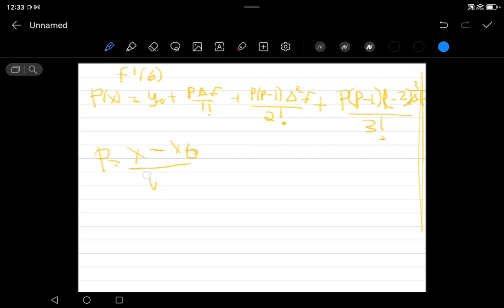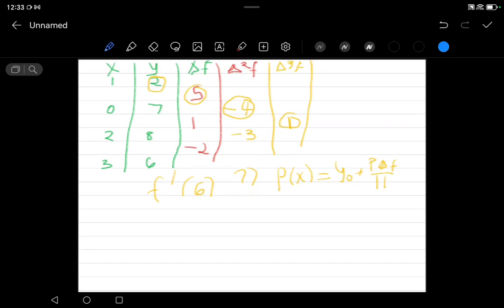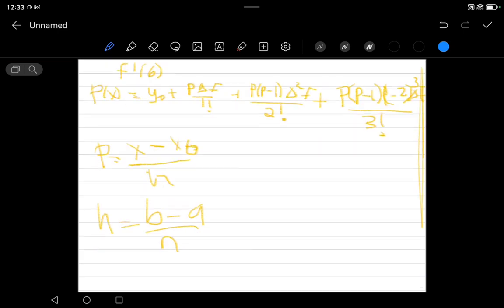So we're going to calculate p. And h is equal to b minus a over n. To calculate p, we have to start by calculating h first, and for n, we count all the values of x that we have. So how many values do we have under x? 1, 2, 3, 4. So our n equals 4.